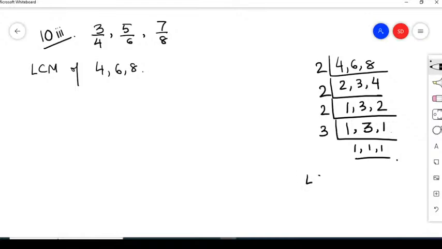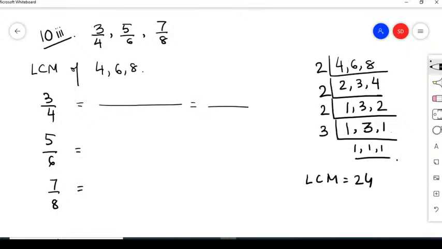So the LCM is 24. All the three fractions have to be converted to an equivalent fraction which has a 24 in the denominator. You will always write it in this way, the way I am doing it.